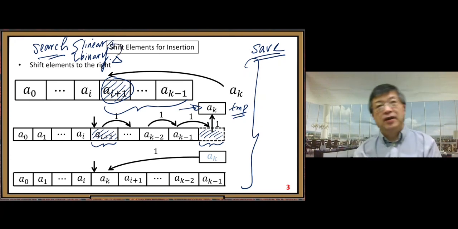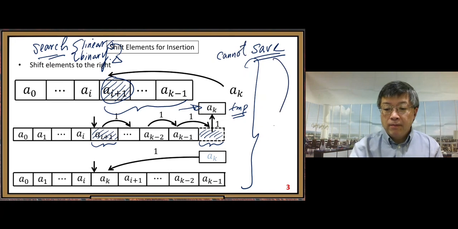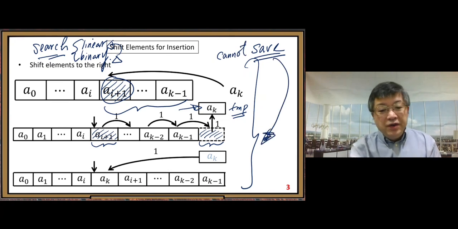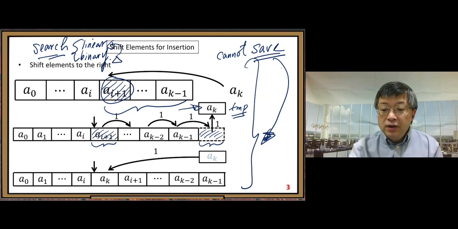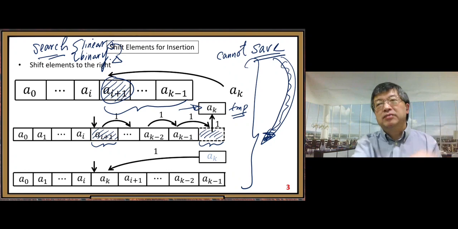But because the shifting step we cannot save, even if you save in the search part, you still need to do the same amount of work here. That will make your performance improvement very limited.